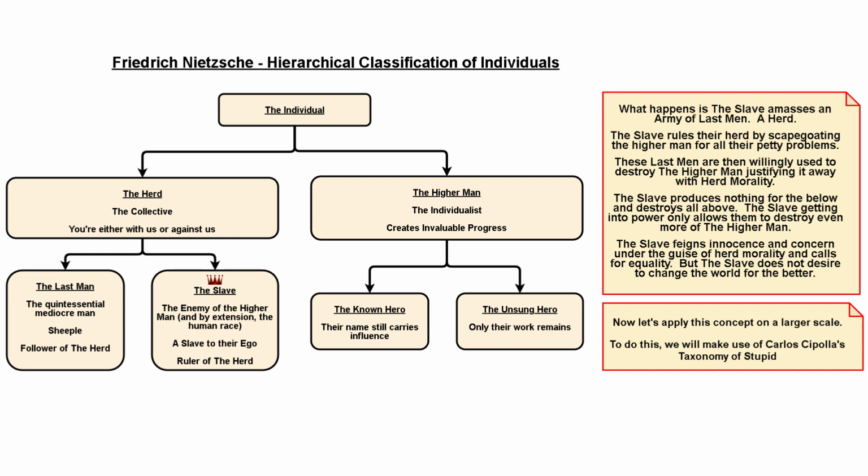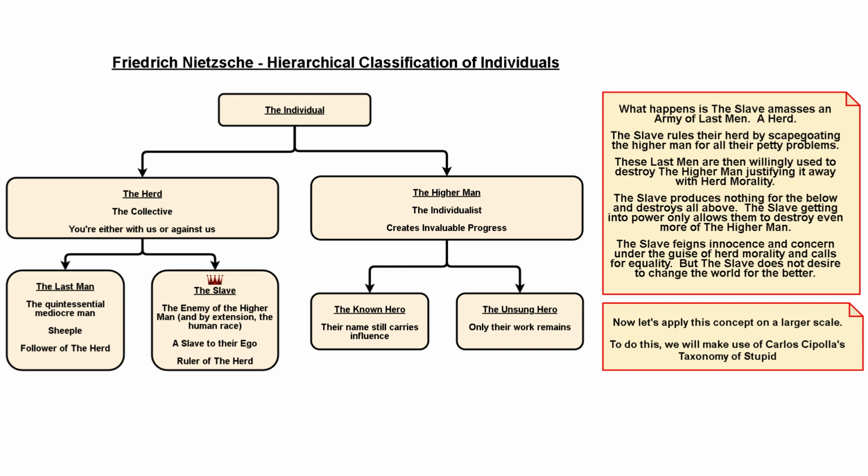And we'll take a look at the notes here on the right. So what happens is the slave amasses an army of last men, a herd, and then the slave rules their herd by scapegoating the higher man for all their petty problems. So, hey, this higher man, he's the problem, and if we get rid of him, all your problems will be solved. And the last men, the sheeple they are, will buy it, and they're willingly used to destroy the higher man, justifying it away with herd morality.